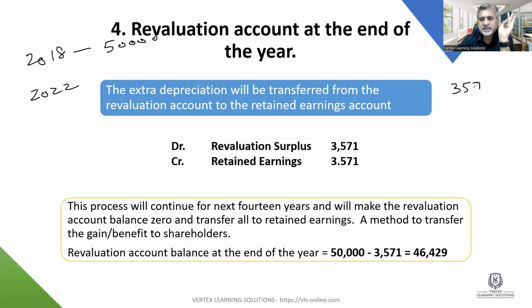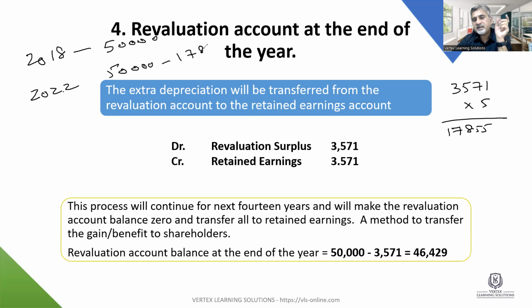So 3571 times 5. Every year, because I'm taking 3571. So total is 17,855. So in 2022, it will be 50,000 minus 17,855 or whatever. I mean, because I just subtracted 5 years amount.